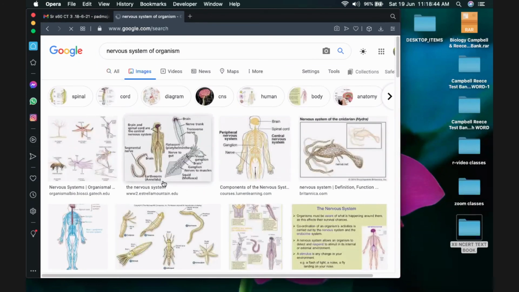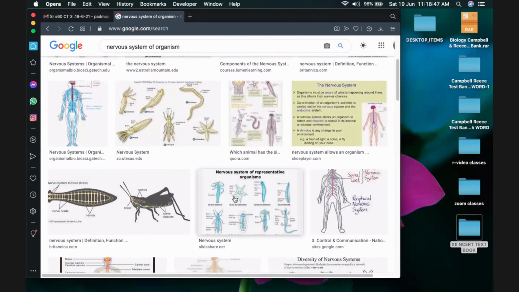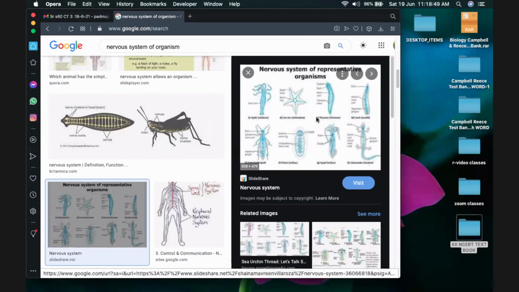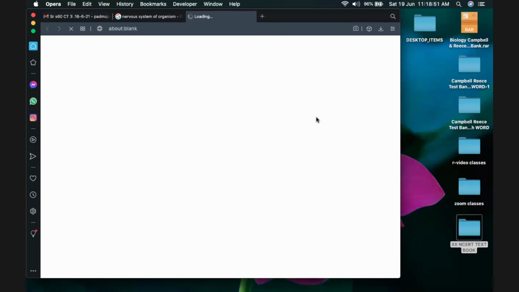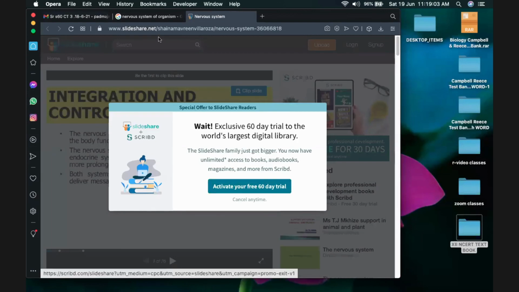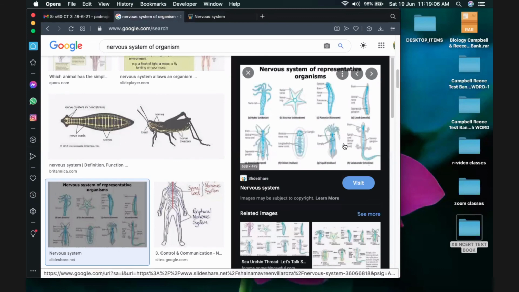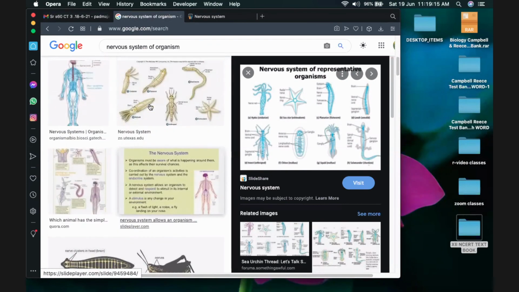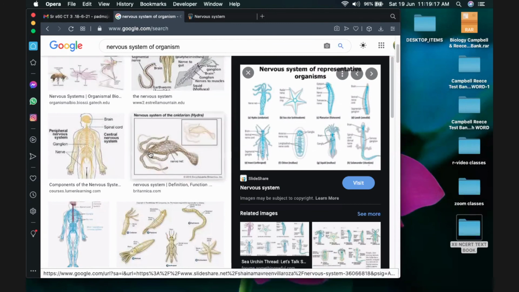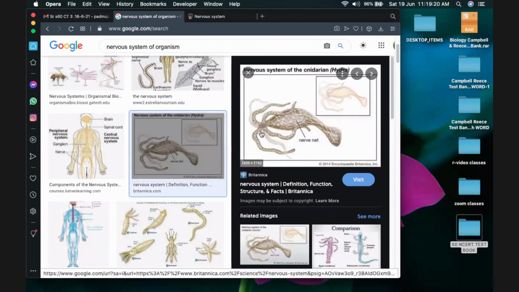Here, the same diagram is posted in our textbook material also. Is there a nervous system, are there neurons, in sponges? No, ma'am. There is no neuron. And the nervous system started from cnidarians, like a network.